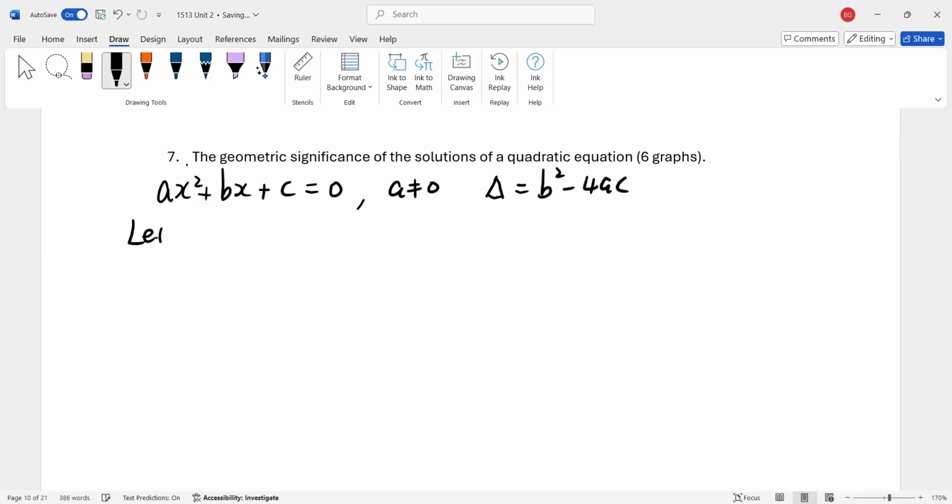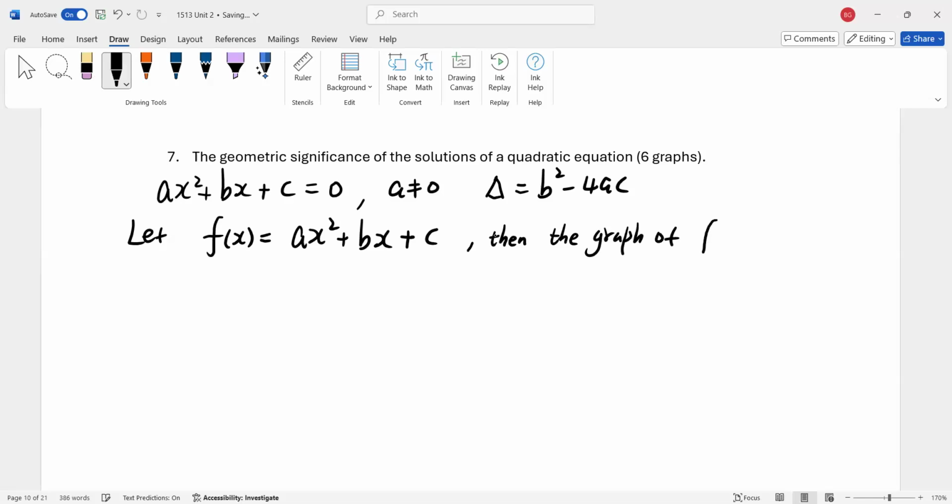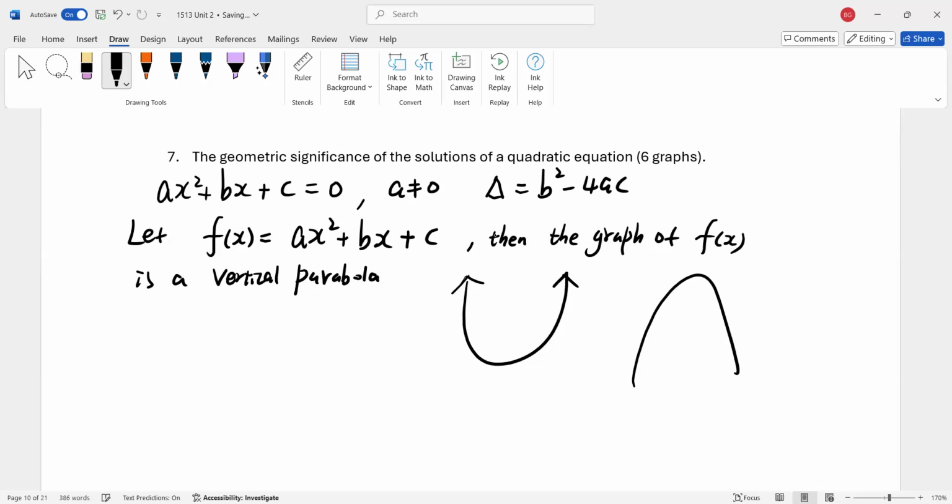And if we let f of x be the left side of the equation, ax squared plus bx plus c, then the graph of f of x is a vertical parabola, either opens up or opens down.